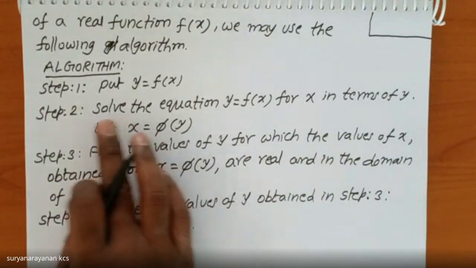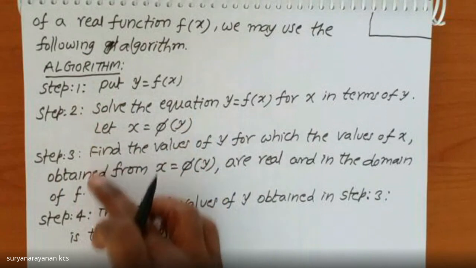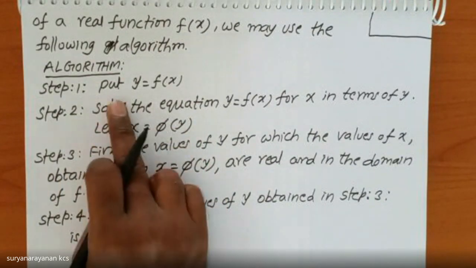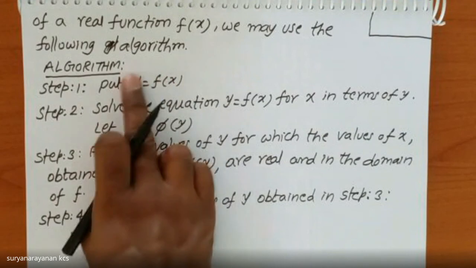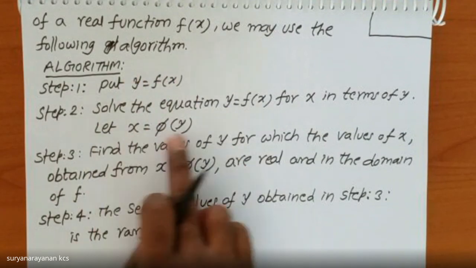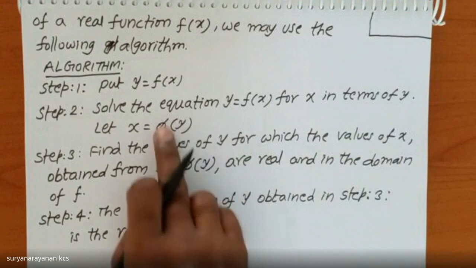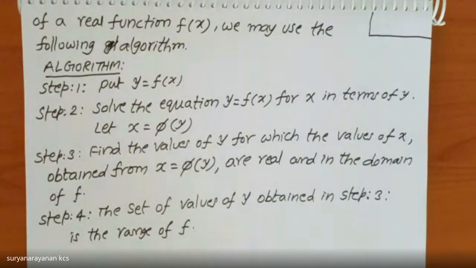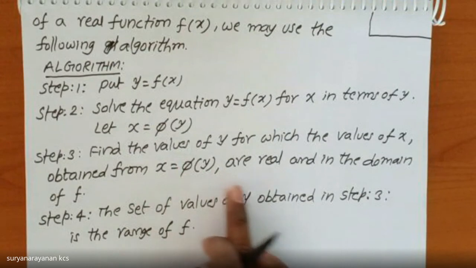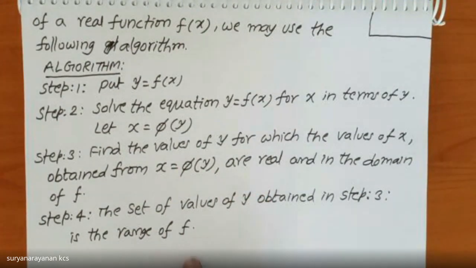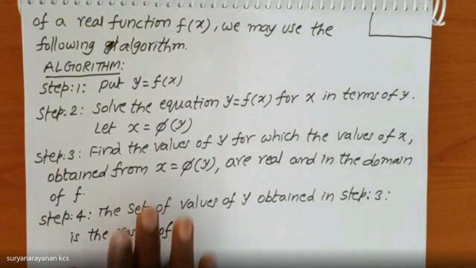So to find the range of a given function, you follow these 4 steps. Write first y is equal to f of x, and from this equation find the value of x in terms of y. After that we find the values of y, as we find the values of x when finding the domain of f. Then you get y values. The set of y values is nothing but the range of the given function. Okay, my children. So these are the points which are useful for this exercise.